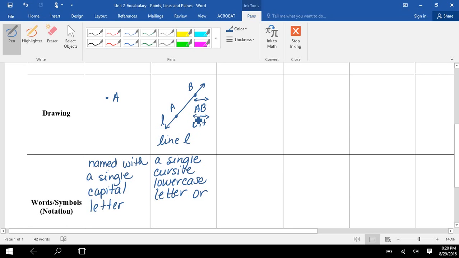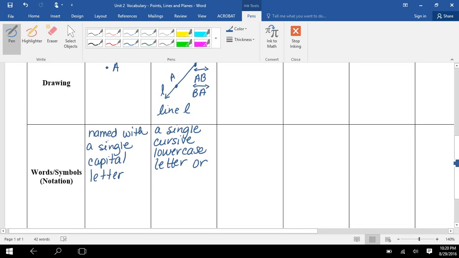In a minute, we're going to discuss what happens if you leave the line symbol off. Geometry labels are very, very particular. So it's a single cursive lowercase letter or 2 points with the line symbol on top. So that's how you name it.